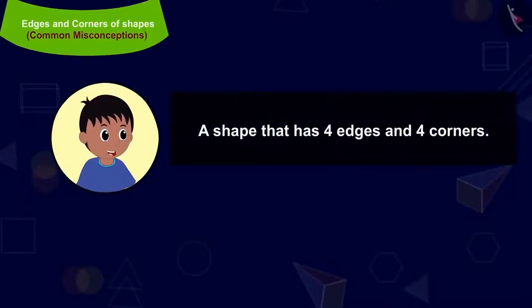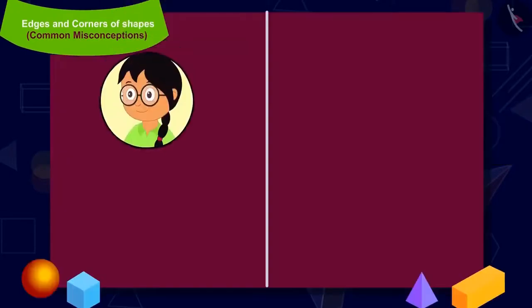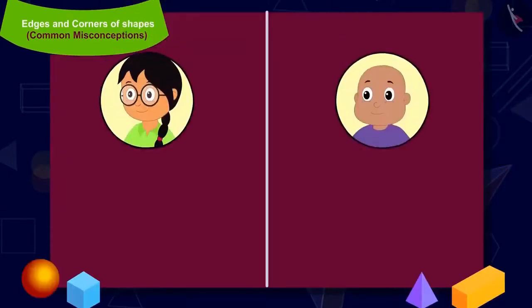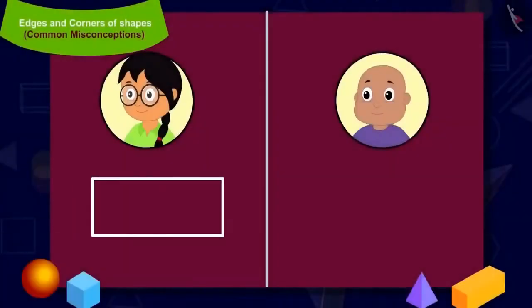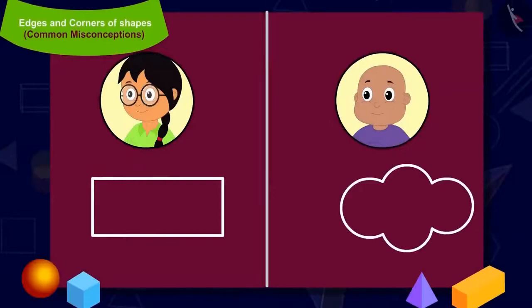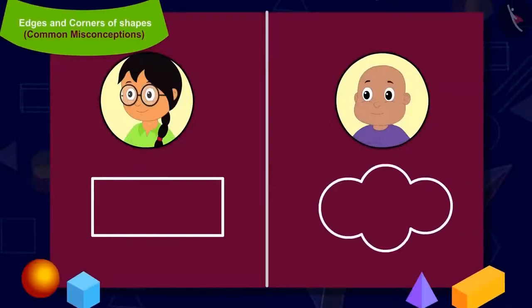Raju's first question is such a shape which has 4 edges and 4 corners. Minu and Bablu both start making their shapes. Minu made this shape and Bablu has made this shape.